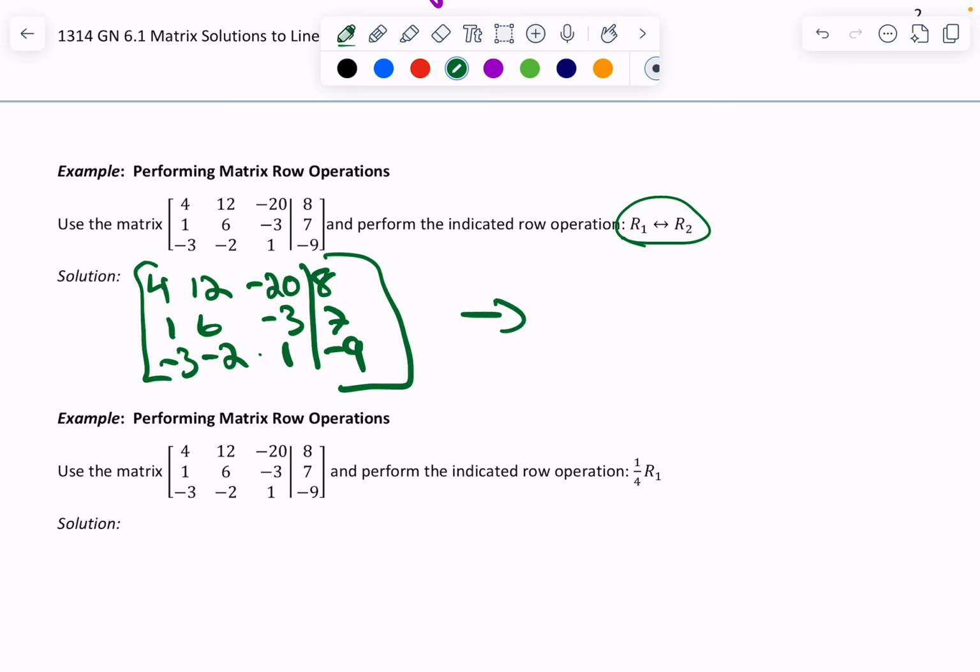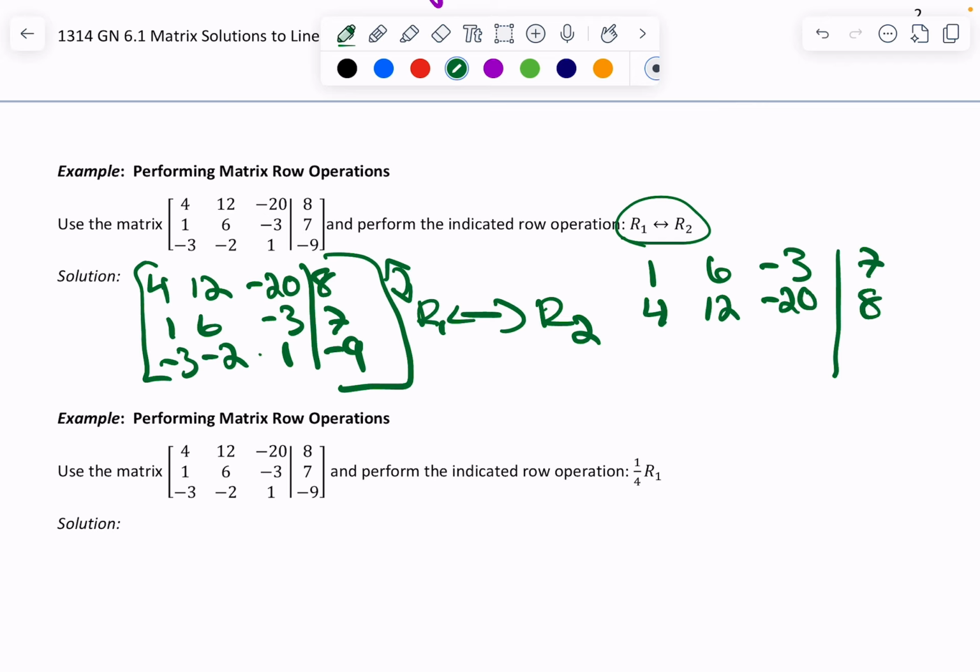So it means that these two rows flip. Now our row 1 is going to be 1, 6, -3, and 7. Our row 2 is going to be 4, 12, -20, and 8. And our row 3 is -3, -2, 1, and -9.